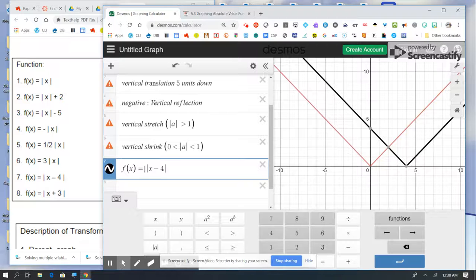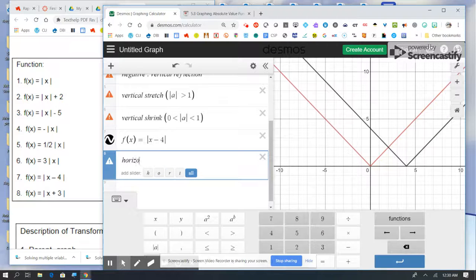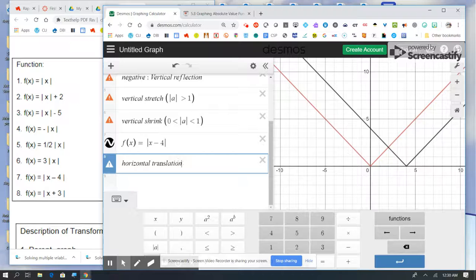we call that a horizontal translation. Just remember the value is opposite.